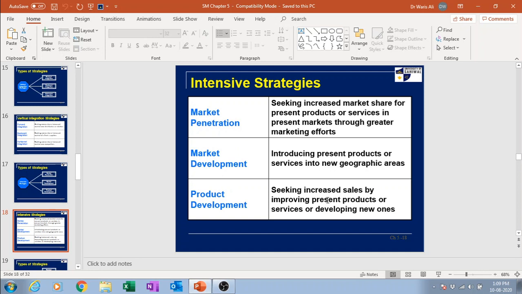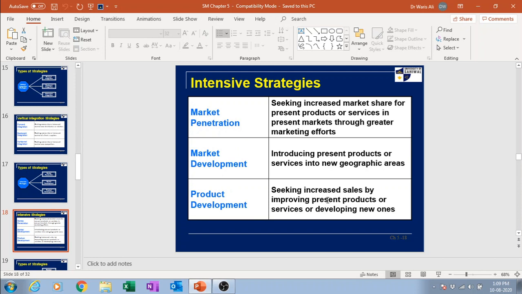But now we decide to open a campus in Pakpattan or in Multan, and we have similar products, but we are offering them in another market. So it means we did market development. It means introducing present products and services into a new geographical area. So this is called market development.